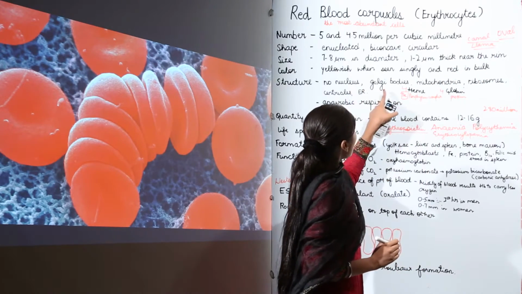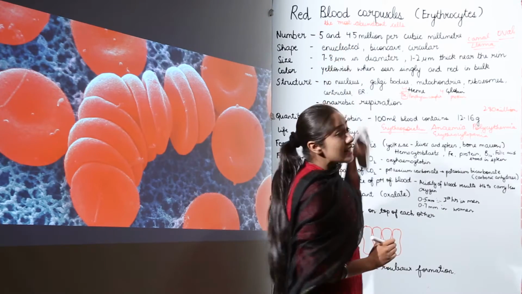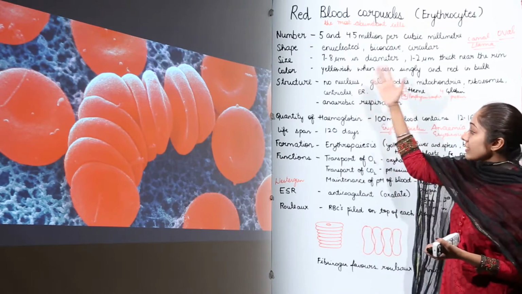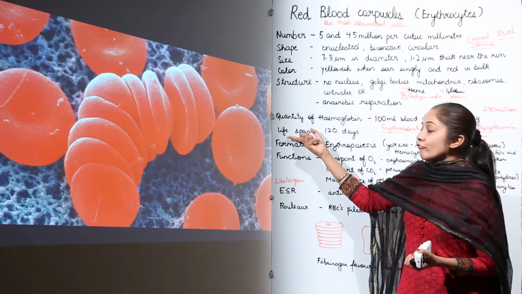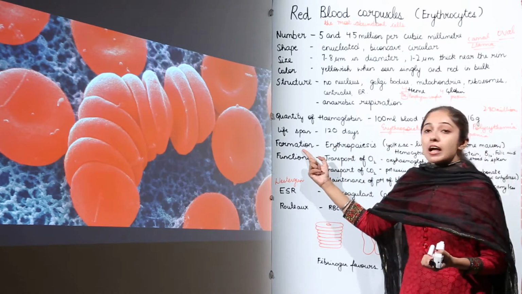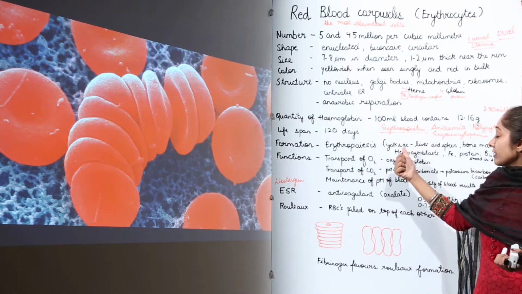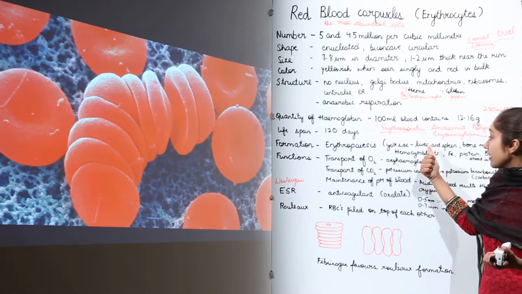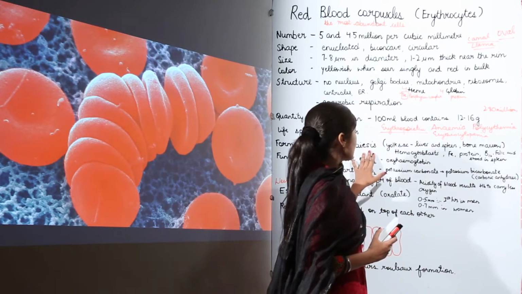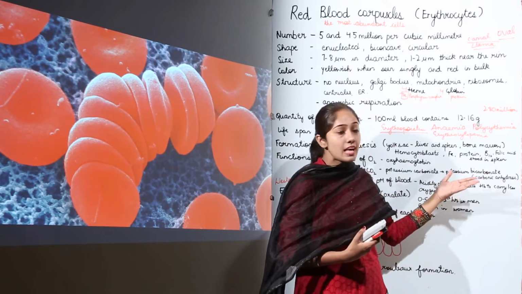You can also remember that the count of RBCs is actually less in women as compared to men because of the menstrual cycle, and the lifespan of RBCs is around just 120 days. The formation of RBCs is known as erythropoiesis. In the early stages it is there in the yolk sac, then in liver and spleen, and when the child is born, erythropoiesis takes place in the bone marrow, and the excess of RBCs is stored in what?